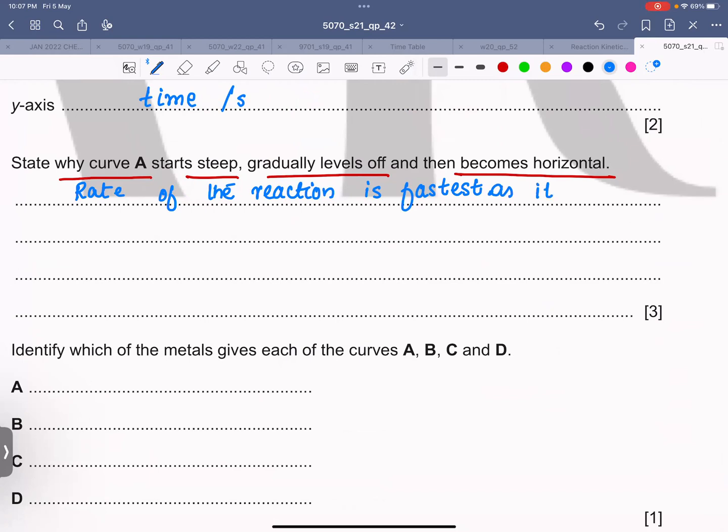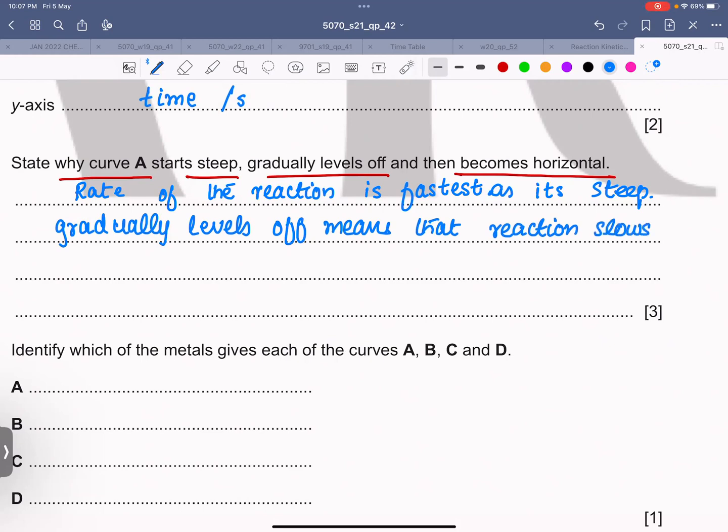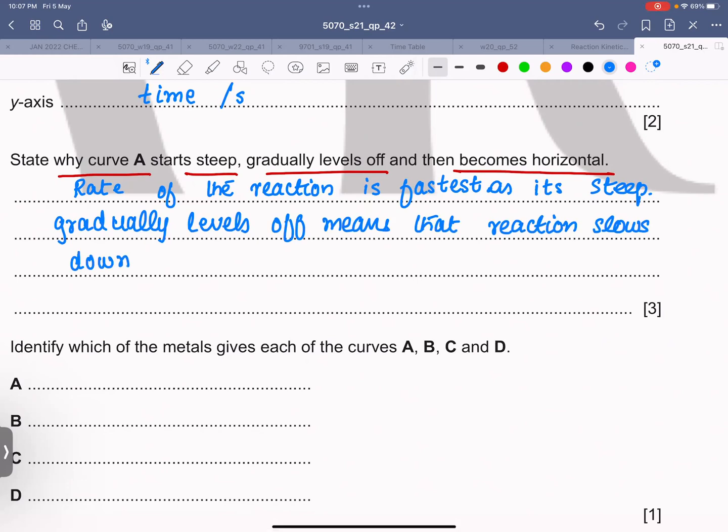Gradually levels off means that the reaction slows down, and becomes horizontal, means the reaction is stopped.